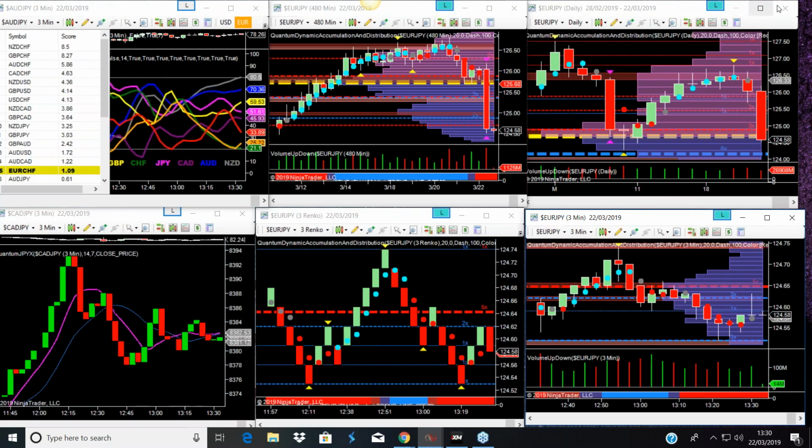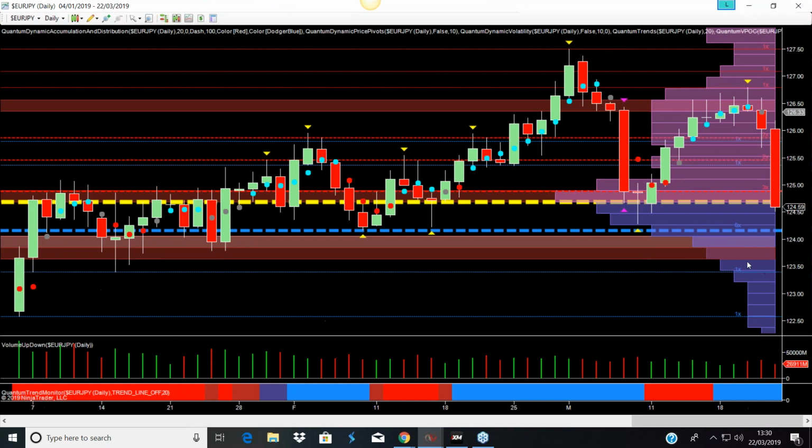And in terms of where it's likely to be heading, what's interesting is we've got 124.50 here, but it's also at the VPOC, actually, on the pound yen. And as David mentioned, very similar price action on the pound yen to what we saw on the euro dollar, not quite as pronounced, but you see weakness all the time. When you have candles with wicks at the tops of the candles, that is weakness.